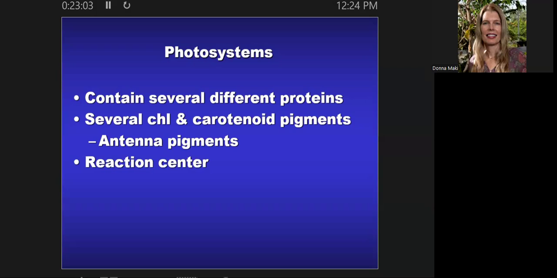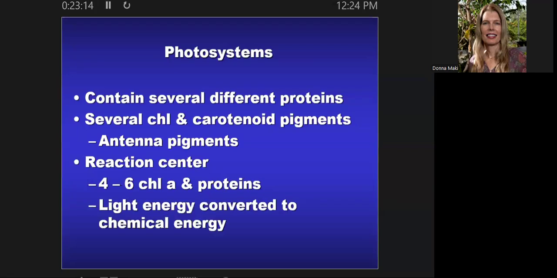That's where that very special chlorophyll is that will get excited by the light energy, have its electron excited to a higher state, and hopefully give it off to the right molecule. They call it the reaction center because that's the spot where that particular chlorophyll gets excited and the electron gets given off. So that's the idea that you have light energy being converted. As soon as you start talking about electrons being given off, you start thinking about biochemical energy.